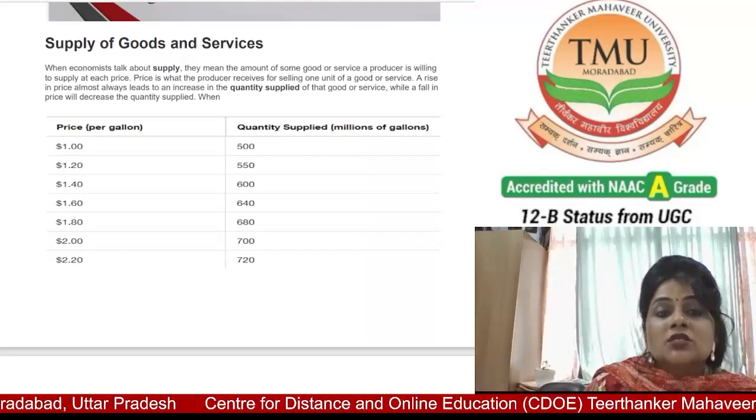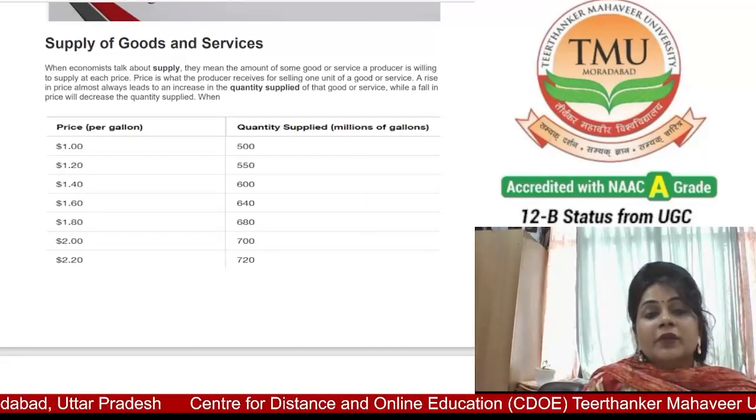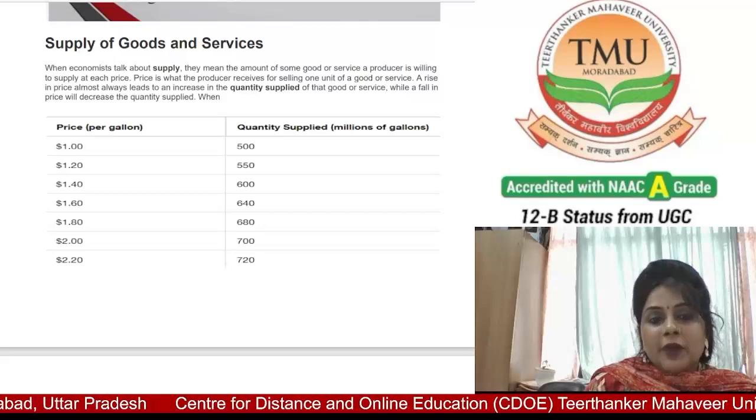Economists call this the positive relationship between price and quantity supplied.